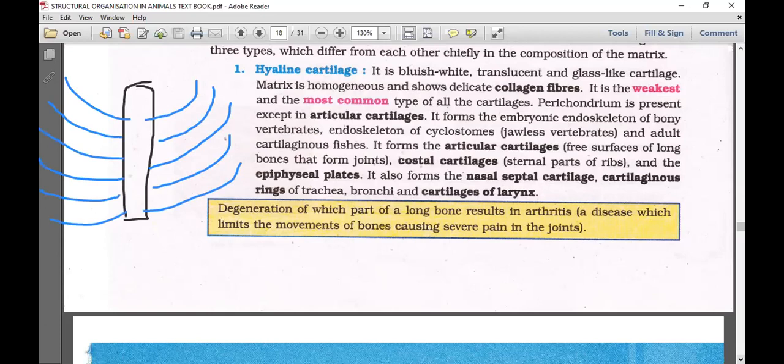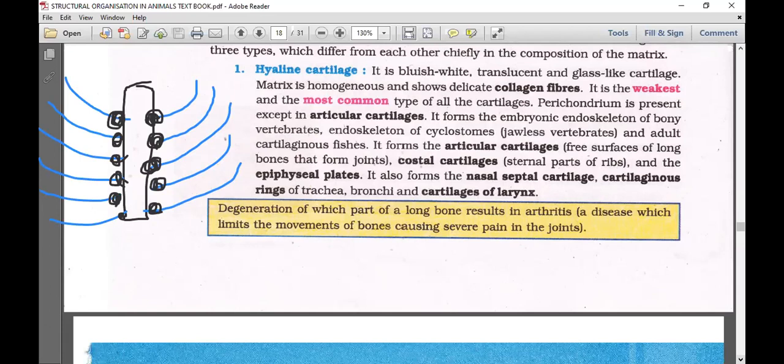The sternal parts of the ribs are an example. That means the ribs attach to the sternum by hyaline cartilage, like this.